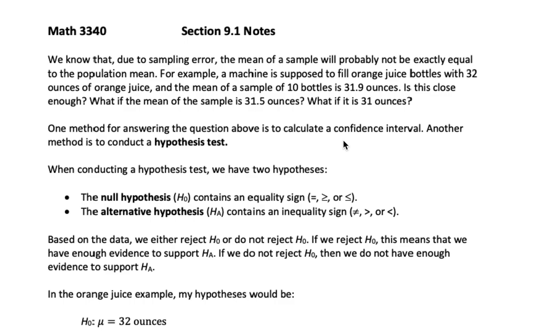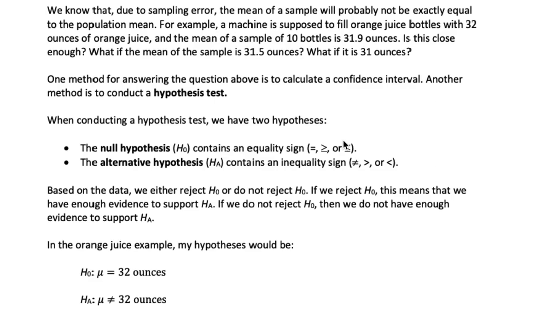The null hypothesis always contains an equality sign, which is equal to, greater than or equal to, or less than or equal to. Remember those lines underneath the greater than or less than symbols mean equal to. And we abbreviate the null hypothesis sometimes with this H sub 0. You'll see that a lot in this class.